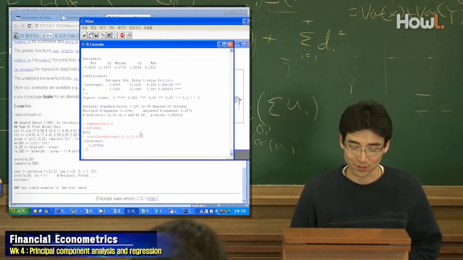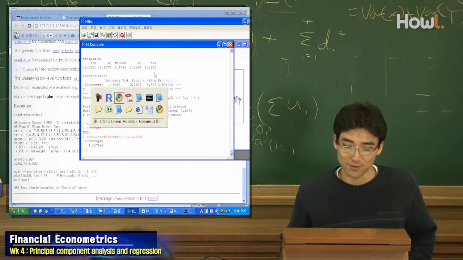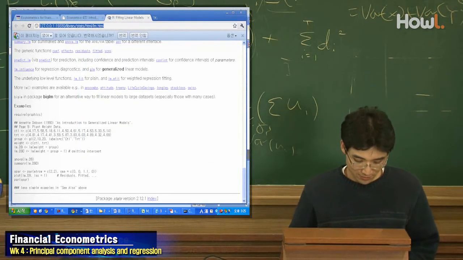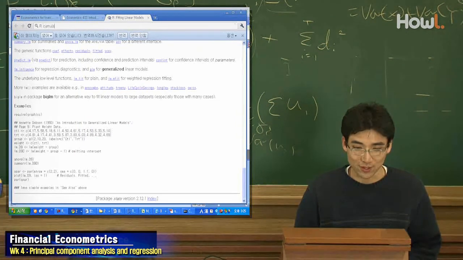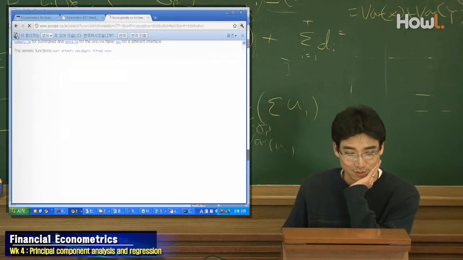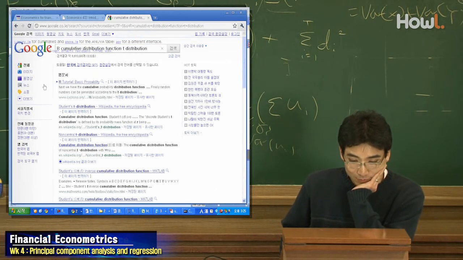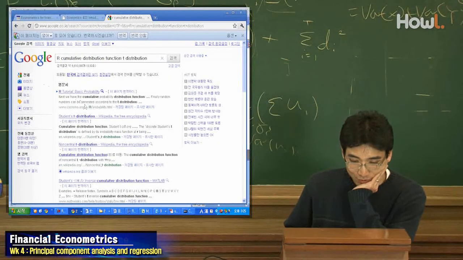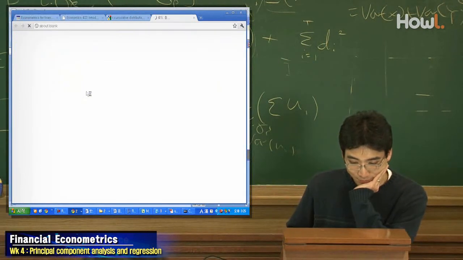So CDF, let's check it. R cumulative distribution function, t distribution. R page, probability, Student t distribution.